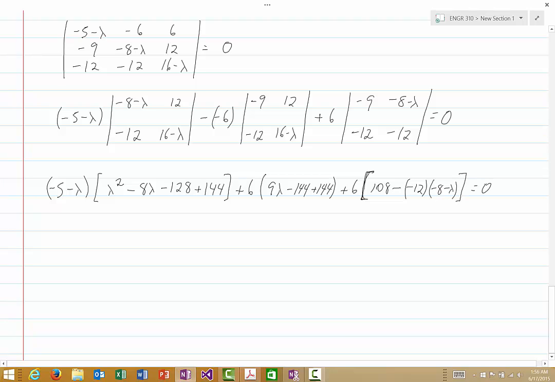And that is 0. Okay, so now this is the same thing as minus lambda plus 5 times lambda squared minus 8 lambda plus 16.